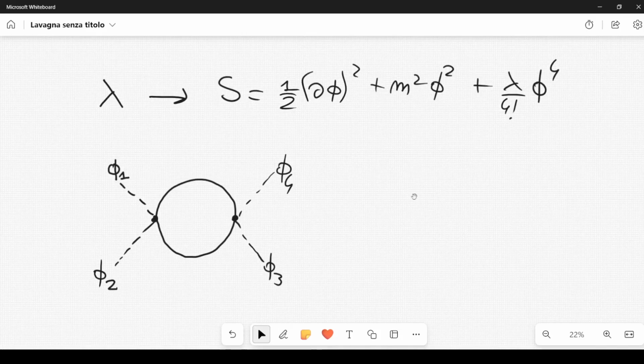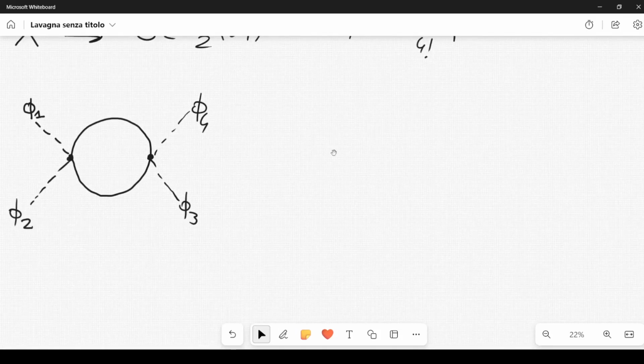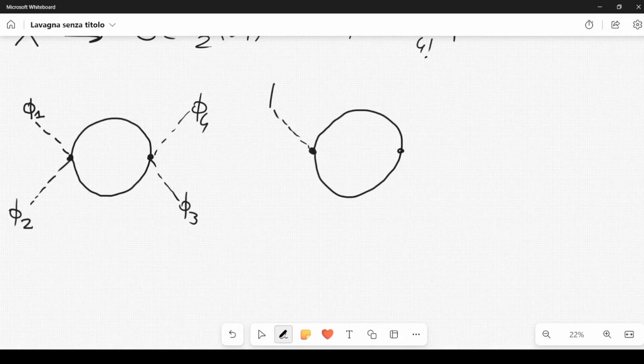But we also have two other possible graphs if we change the labeling of the external edges. Let me do the same thing. Here I'm dashing this line, but this will be phi 1, and then phi 1 will be paired with phi 3 instead of phi 2. Therefore, here on the right we have phi 4 and phi 2.